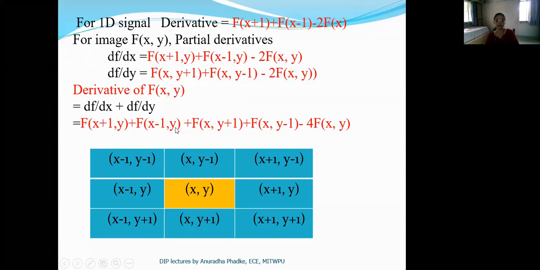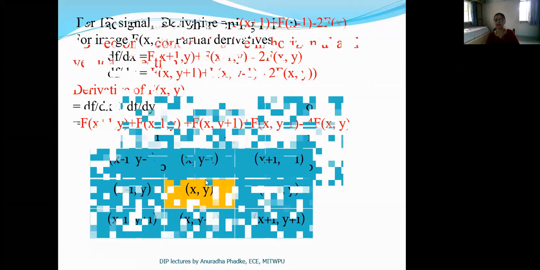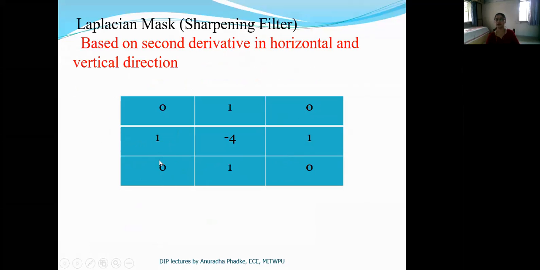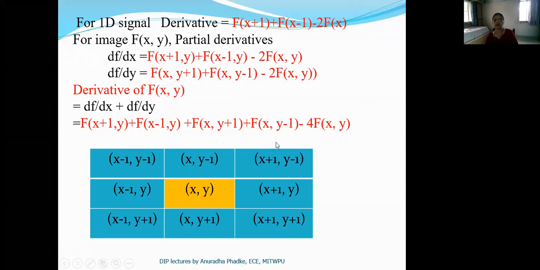From this equation, we can write the mask coefficients as shown here. If you look at this equation, the pixel under consideration, f of xy, has coefficient minus 4. For the four locations, the horizontal neighbors and vertical neighbors, there is one term corresponding to each, so the weight value is 1.